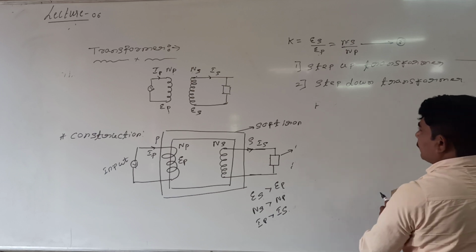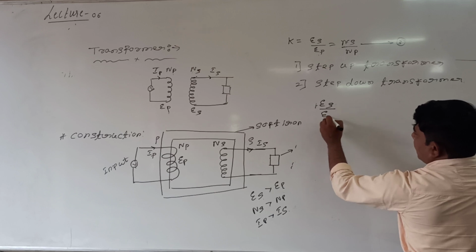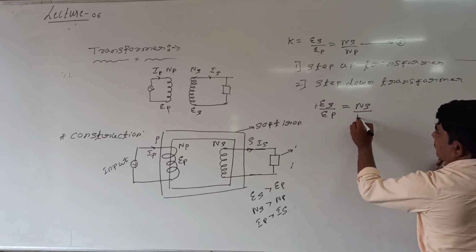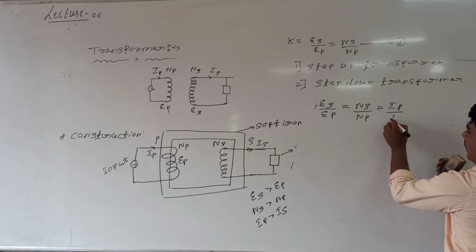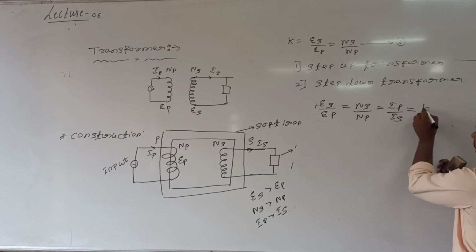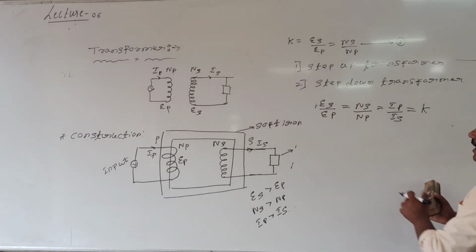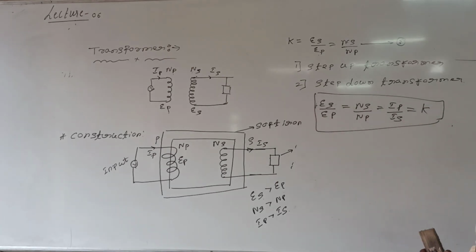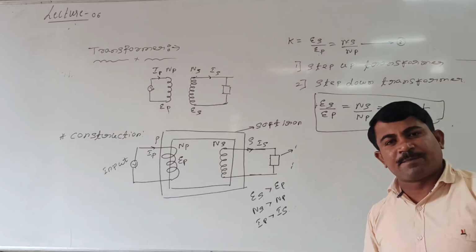ES divided by EP is equal to NS divided by NP, which is equal to IP divided by IS, and this is equal to K, because ES by EP is equal to NS by NP is equal to K. This K is the transformer ratio. If the transformer ratio K is greater than 1, such a transformer we call a step up transformer.